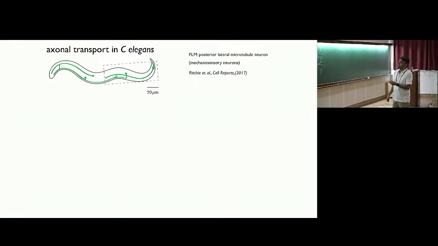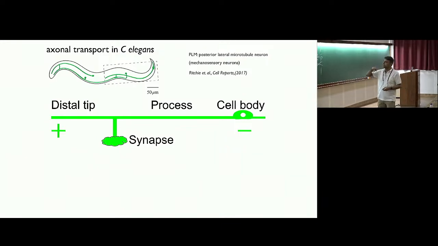What this cartoon shows is that this outer line is the outline of the C. elegans, and inside this green part, this little blob stands for the cell nucleus, where you have the cell body, and then the rest of the part is the axon, and then there are connections between axons which are called synapses.